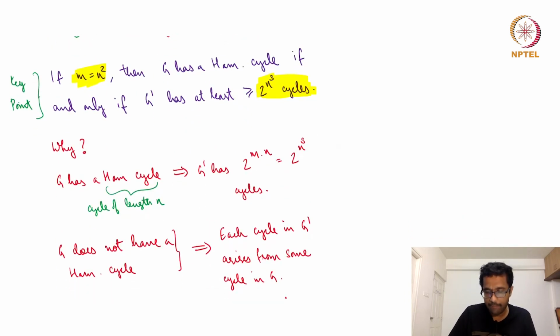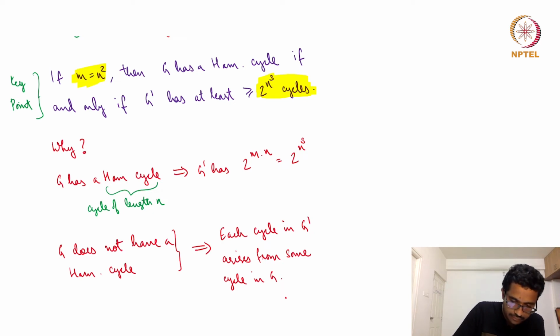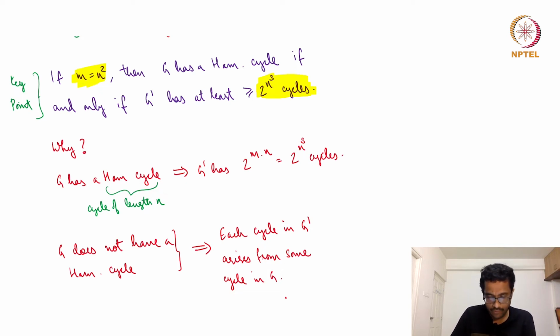Similarly, 2 power m multiplied by n, where n is the length of the Hamiltonian cycle, and by our choice m is n squared. So m times n is n cubed. So a Hamiltonian cycle leads to 2 power n cubed corresponding cycles in G prime.